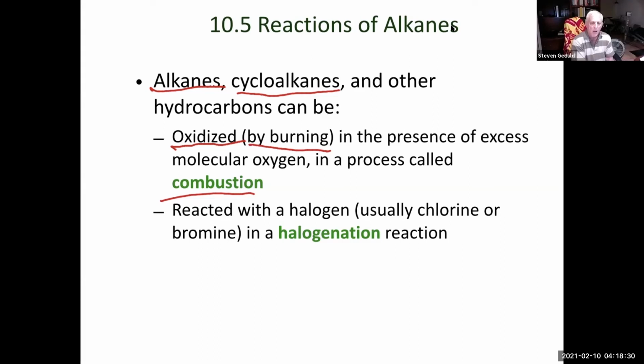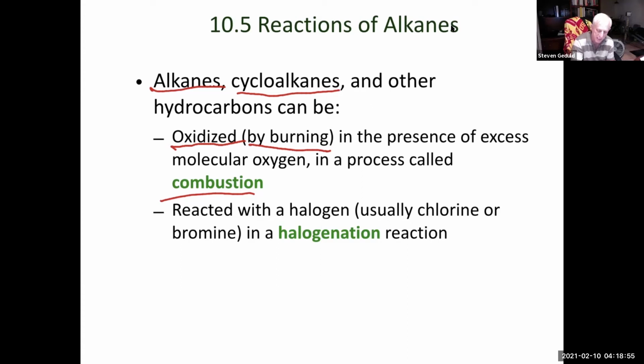Okay. So when it reacts with oxygen, it's called combustion. When it reacts with a halogen, it's called a halogenation reaction. Halogens are fluorine, chlorine, bromine, and iodine. Okay. So an oxidation reaction is combustion. That means plus O2. When it reacts with a halogen, it's plus F2 or Br2.